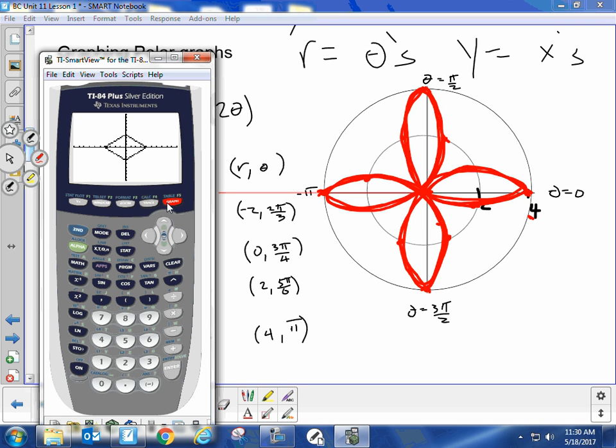No, it just used 0, pi over 2, pi, 3 pi over 2, and 2 pi, and plotted those points and connected them. Doesn't mean this is the correct graph. It just means they did not plot enough points. So keep it at pi over 24.